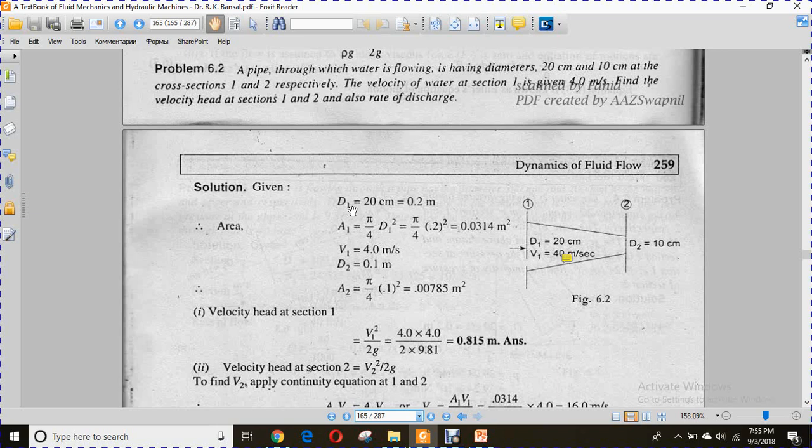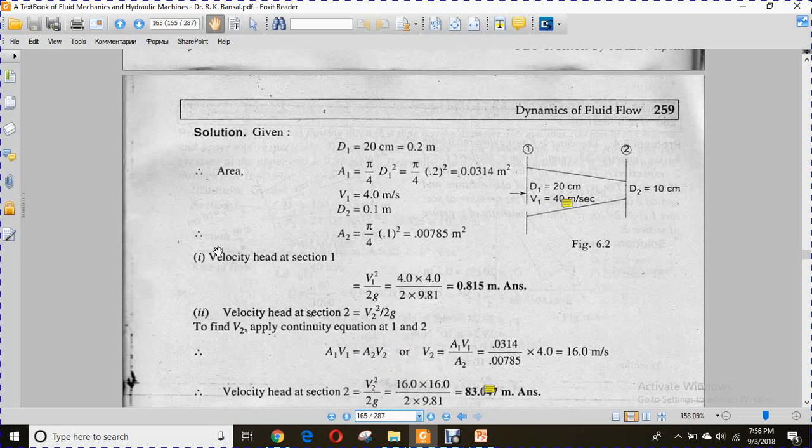Similarly, for d2, area 2 will be pi by 4 d2 square, that is 0.00785 meter square.